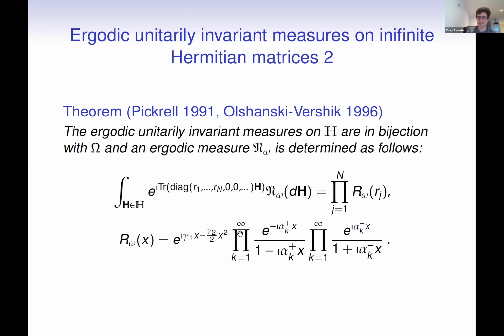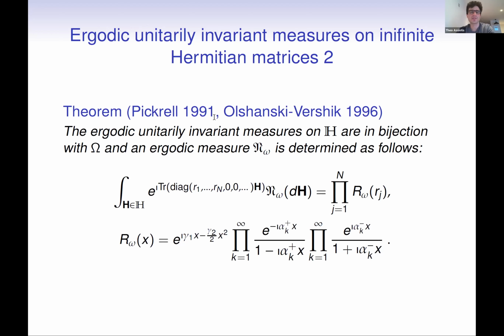Okay, I'll say something more concrete in a second, but before that let me say something about the proof. Pickrell proves that this classification is equivalent to the classification of totally positive functions, which was known already from the 40s or 50s.